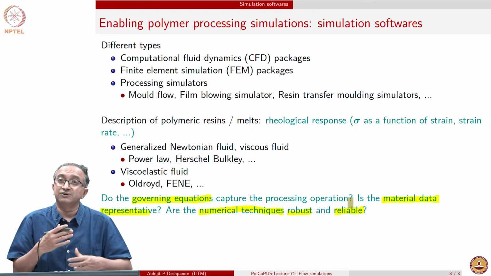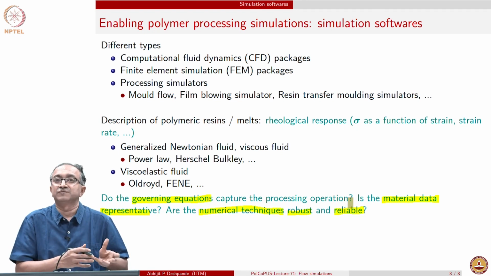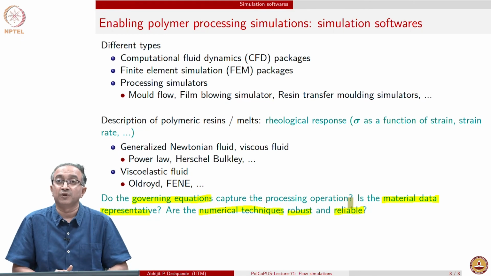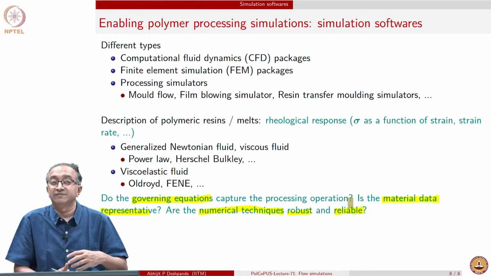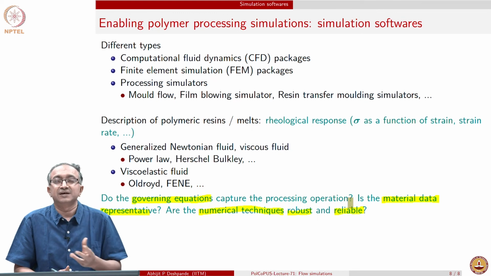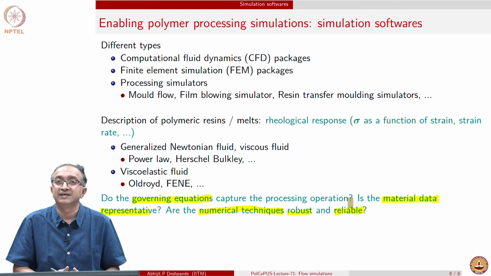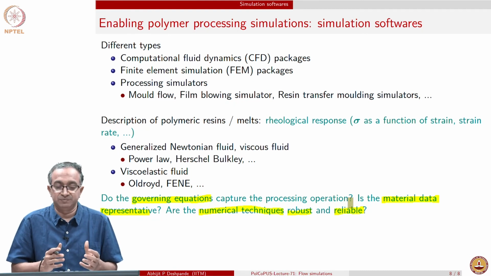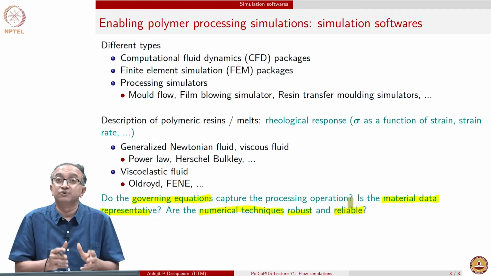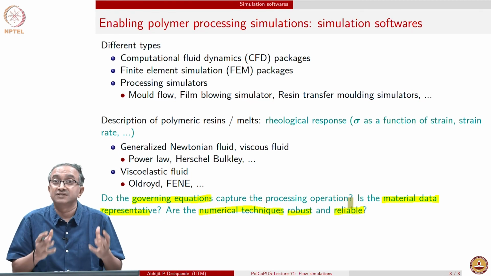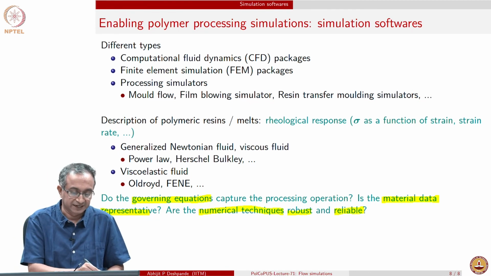It is always a good idea to try some simpler problems first and then look at the more difficult problem, and even when you are solving the difficult problem, look at some behavior which is easier to comprehend and easier to rationalize. So, many checks and balances have to be done for us to get a very good scope of results from these simulation packages.